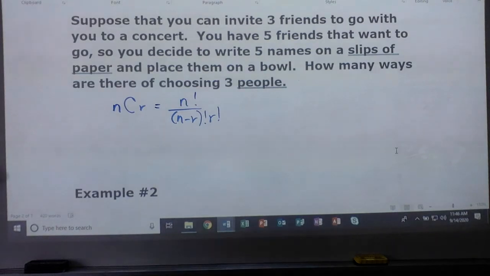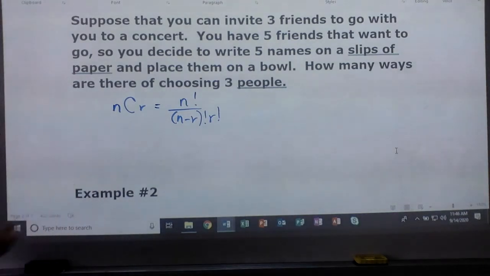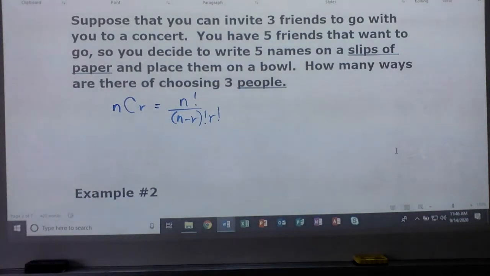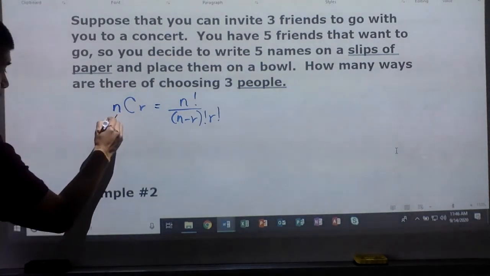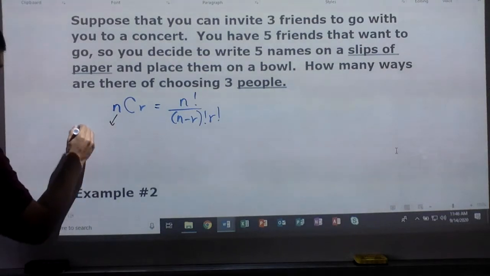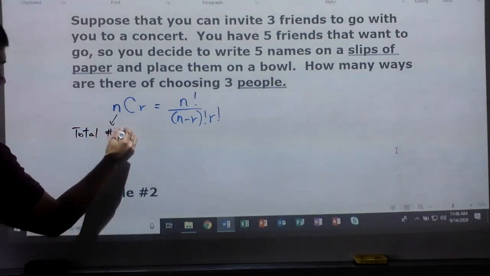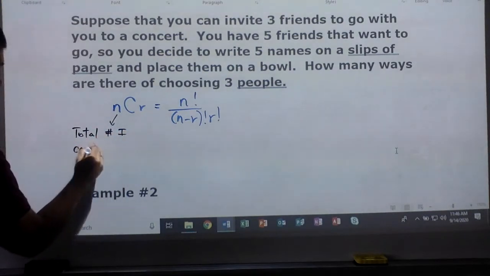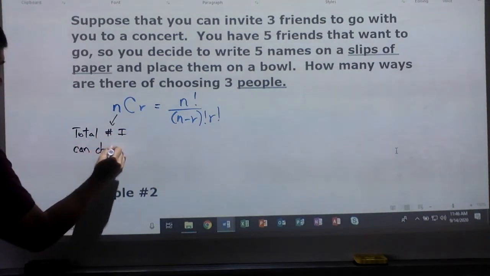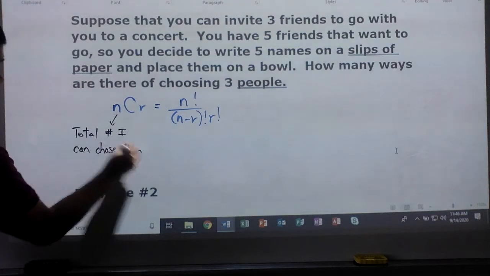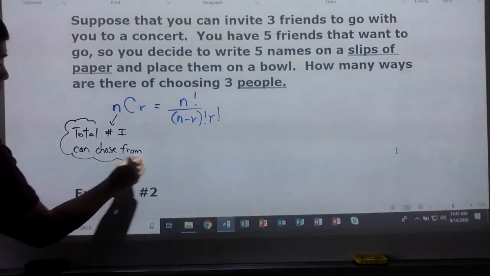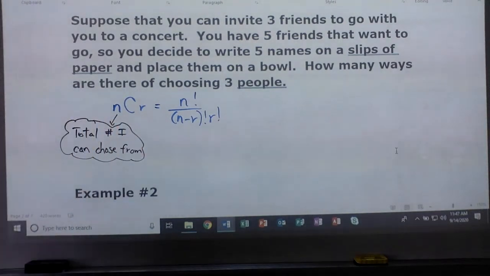n is the total number I can choose from.